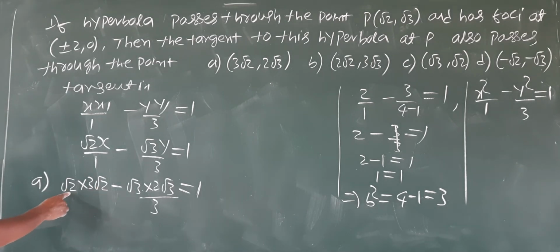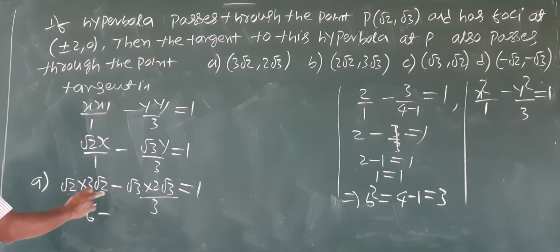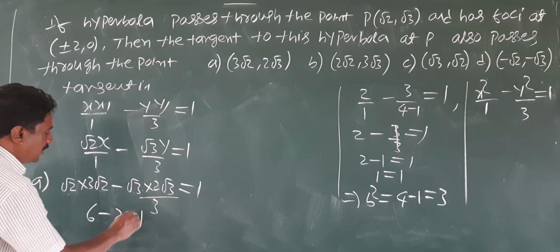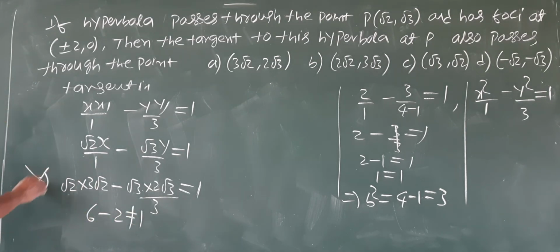So 3 times 2 is 6, minus 6 by 3 is 2. 6 minus 2 is 4, not equal to 1. Option A is not correct.